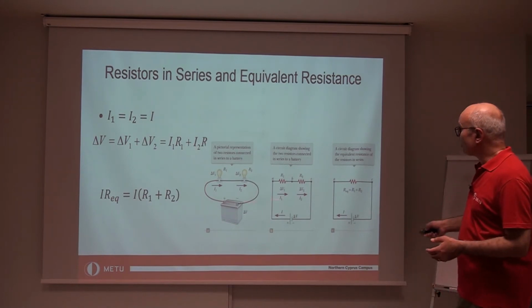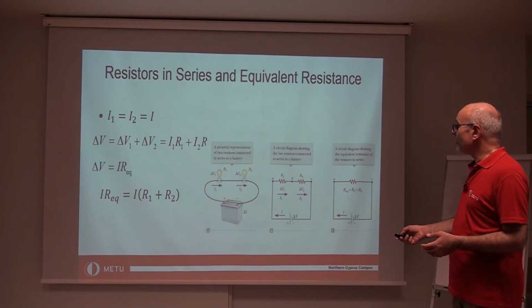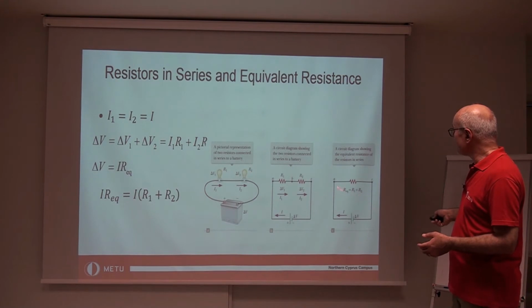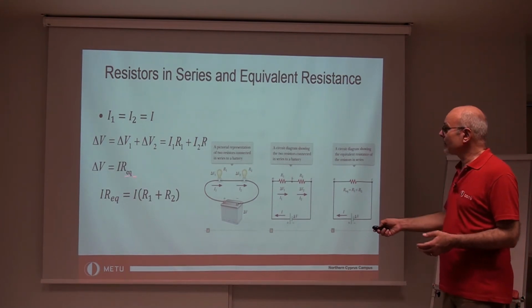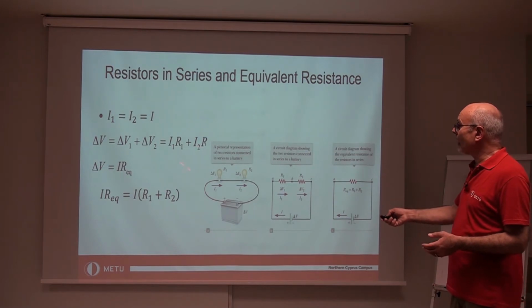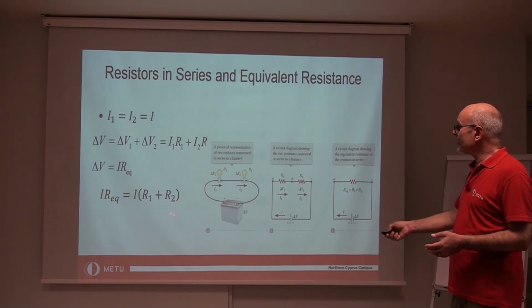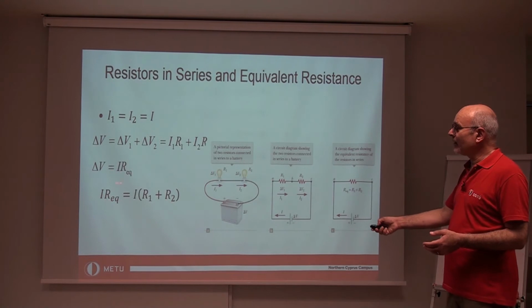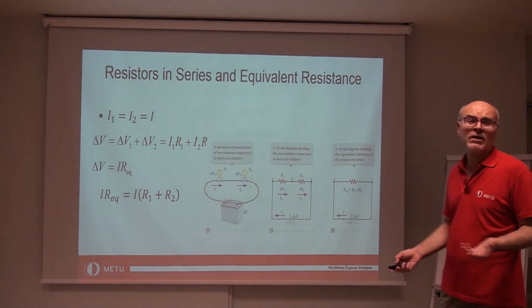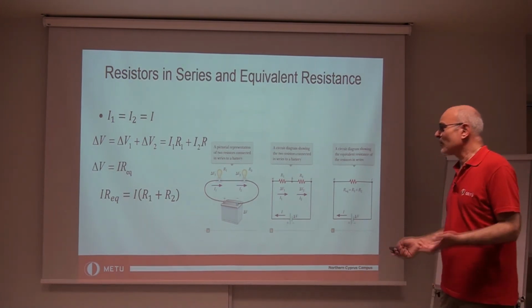If you look at this circuit, this potential is equal to I multiplied by the equivalent resistance of the whole circuit. Since I1 and I2 are equal to I, instead of delta V on the left-hand side I can write I R equivalent, cancel I out, and you get R equivalent equals R1 plus R2, the simple result.